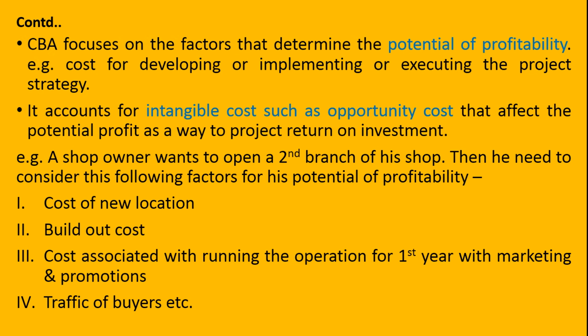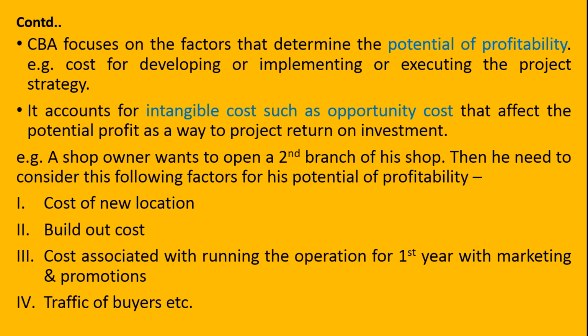Factor number 1, cost of new location. Then build out cost. Cost of new location means that the shop owner has to choose a perfect location for the second branch of his shop for the potential profitability, and then he has to invest for the build out of the shop.